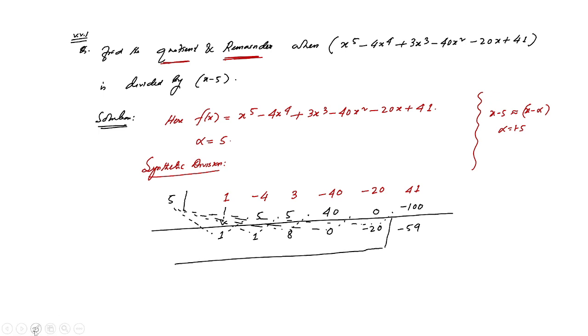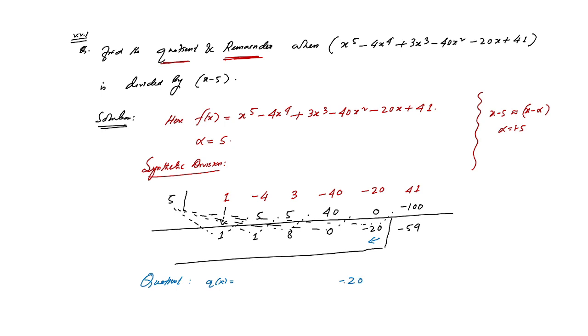Now we come to the point of the quotient. The quotient q of x will come backwards.